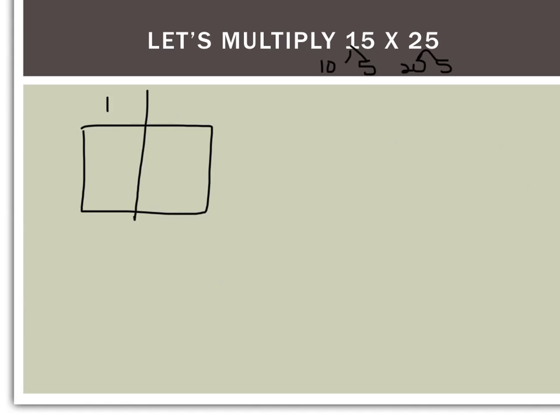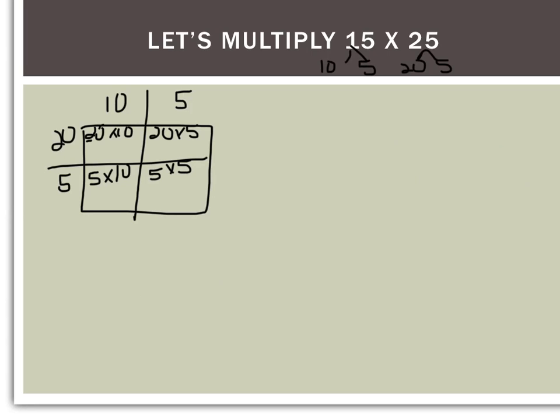To do the area model, I start out by splitting 15 into 10 and 5, and 25 into 20 and 5. I then multiply 20 times 10 and 20 times 5, along with 5 times 10 and 5 times 5.